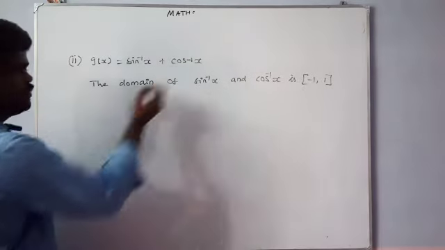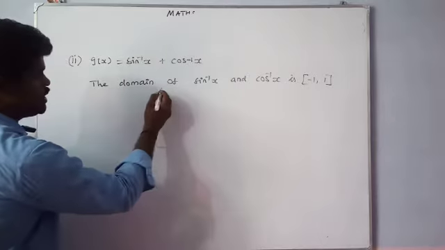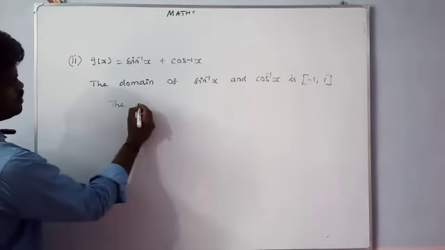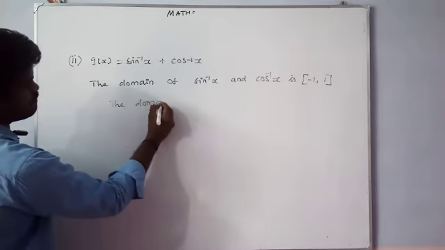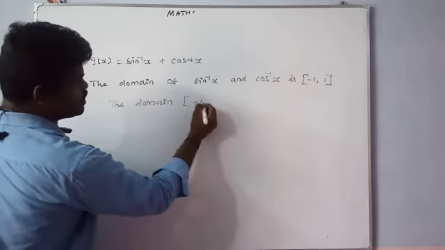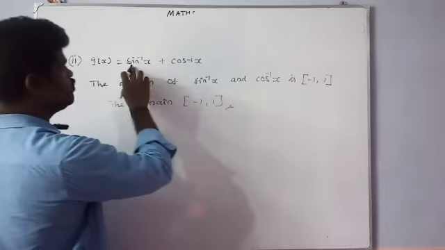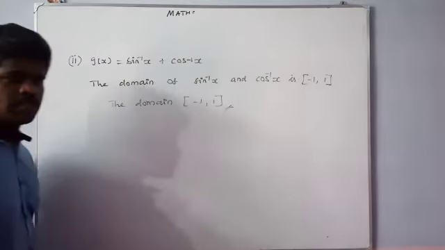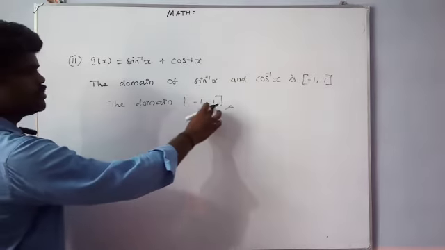So the domain is only minus 1 to plus 1, because both sin inverse and cos inverse have minus 1 to plus 1. So this is the required domain, minus 1 to plus 1.